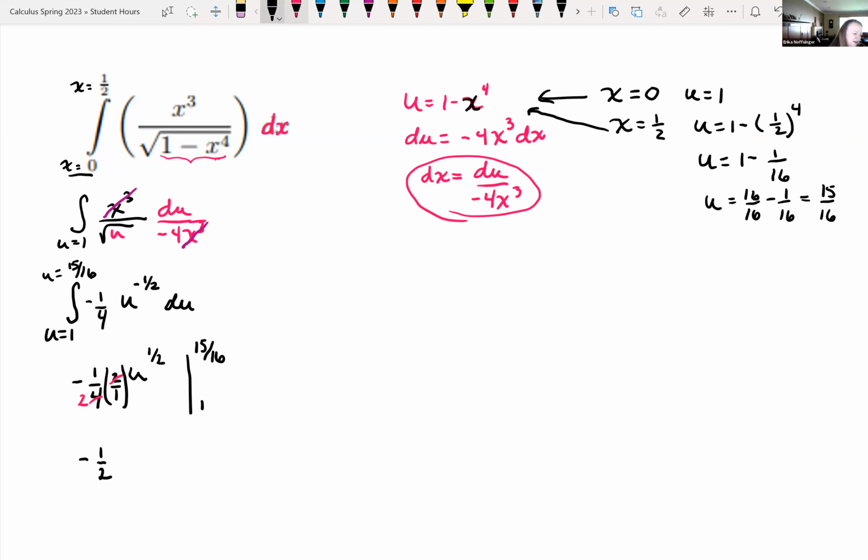And now plugging in our upper bound, wherever we see a u, we have u to the 1/2, which is the square root. So we have the square root of 15 over 16 minus, now plugging in 1 wherever we see the u, minus the negative 1/2 square root of 1.